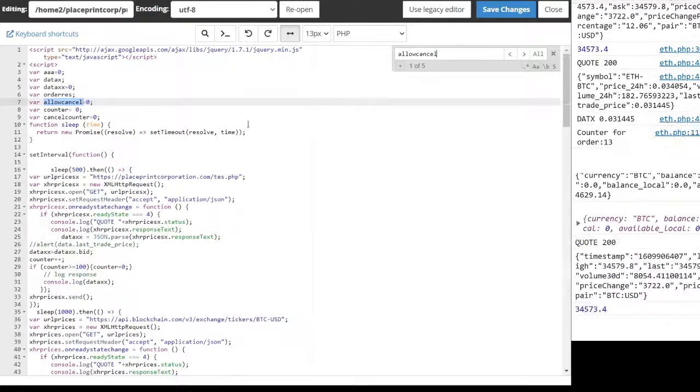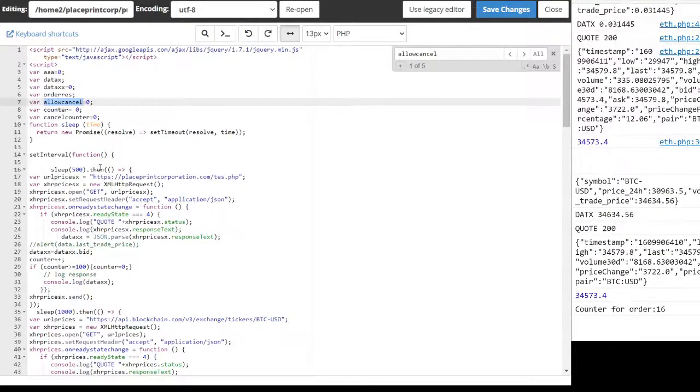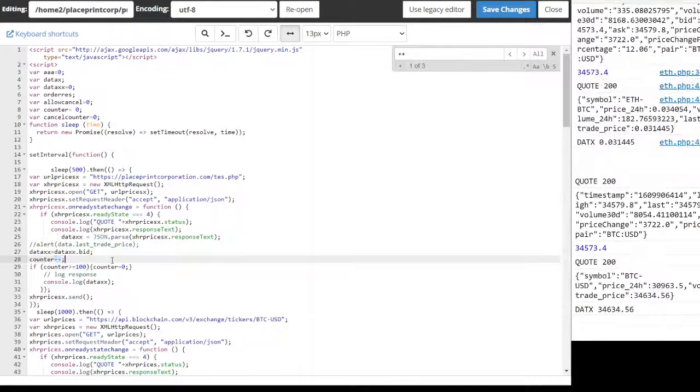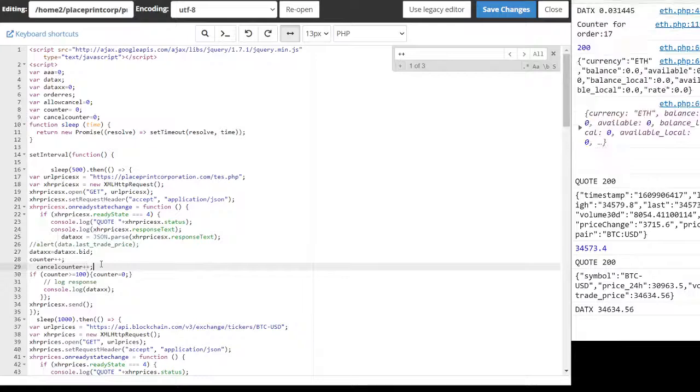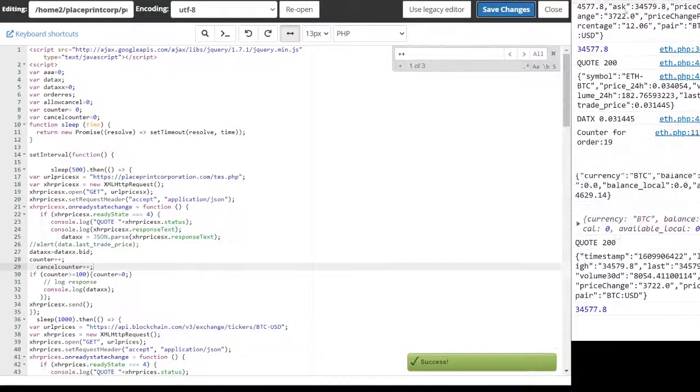Where are we getting plus plus? Where are the plus pluses? Find the plus plus. Counter plus plus. There. Cancel counter plus plus. There you go. Boom. Get that refreshed ASAP.